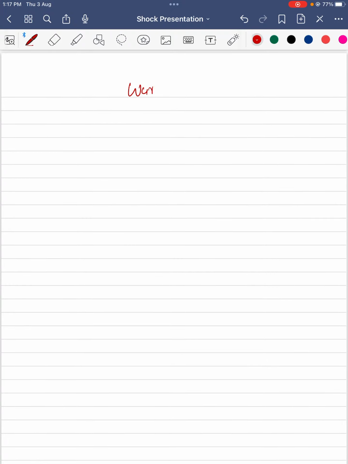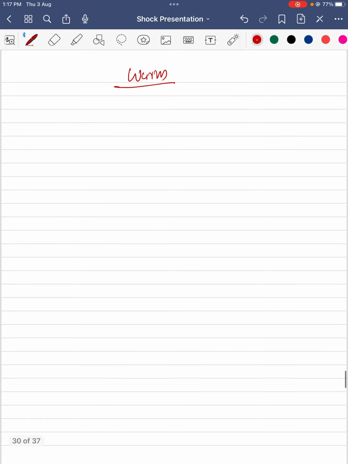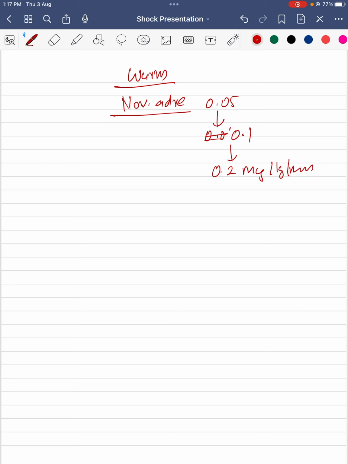Usually warm shock we get very rarely, but if you get it, start with noradrenaline. What is the dose? 0.05, then 0.1, then 0.2 microgram per kg per minute, and it should be almost 60 minutes.